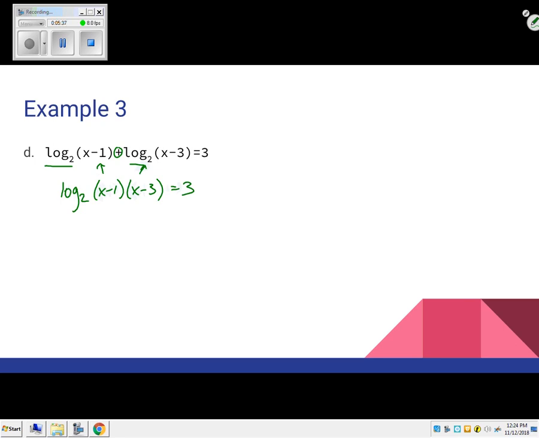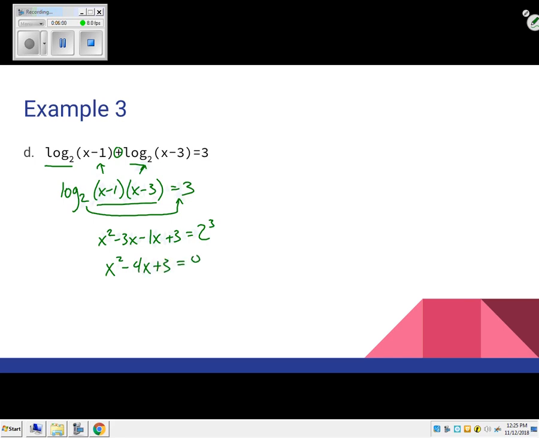Now from here, I'm going to use my definition of logarithm where the 2 comes over and bumps up this 3. And I'm pretty sure I'm going to need to FOIL or distribute twice on all of this stuff. I got some cleaning up to do. I got minus 4x there plus 3.